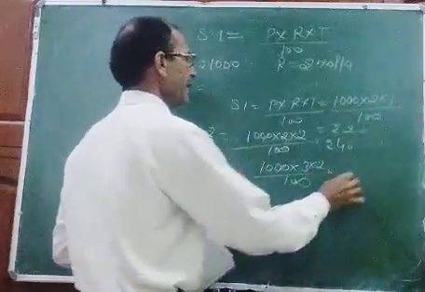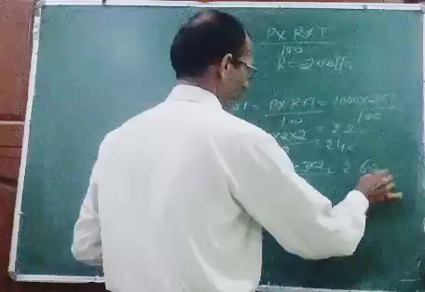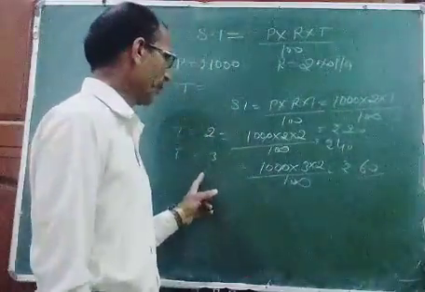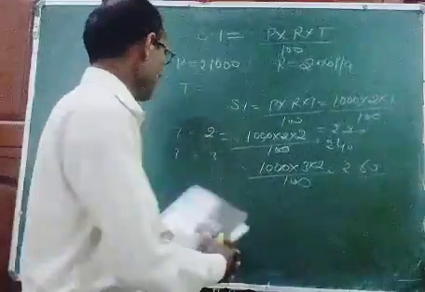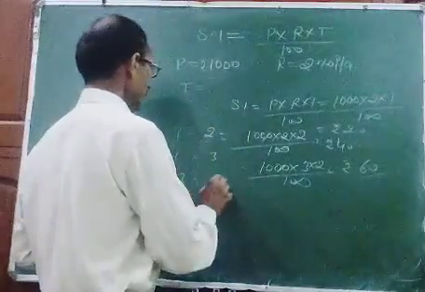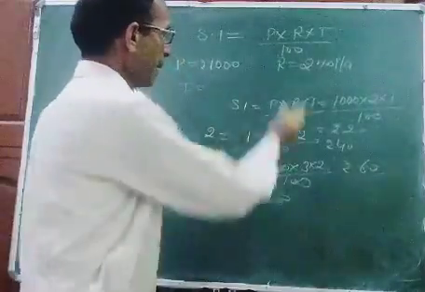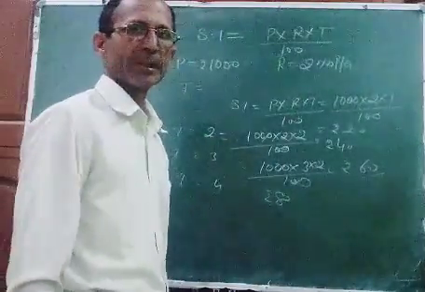So it will be rupees 60. So this way we can take the time, and simple interest will be rupees 80. Up to here, any doubt, any confusion?